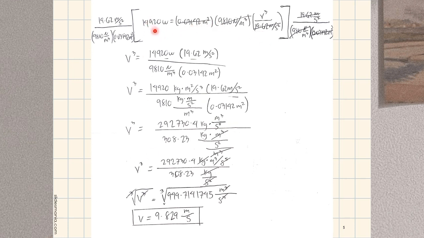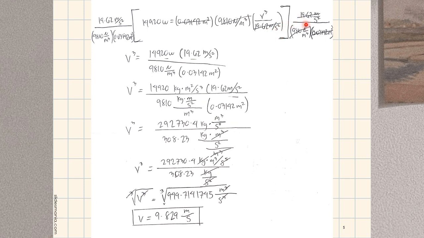So 14,920 watts equals 0.03142 meter squared times 9,810 Newton per cubic meter times V raised to 3 over 19.62 meter per second squared.